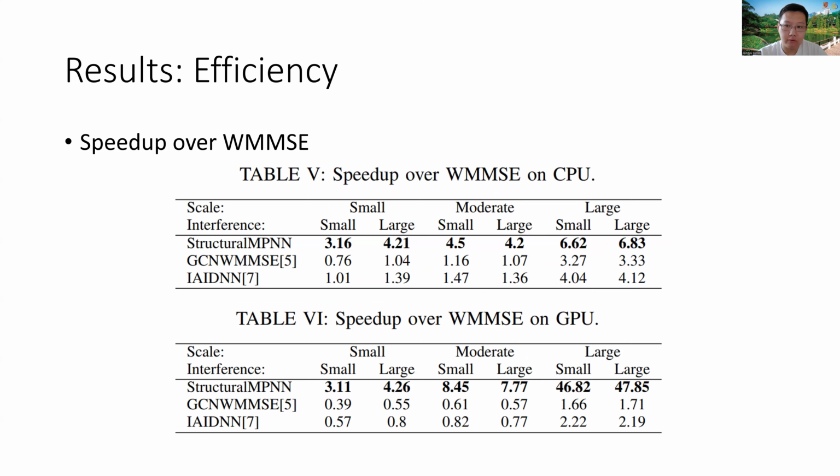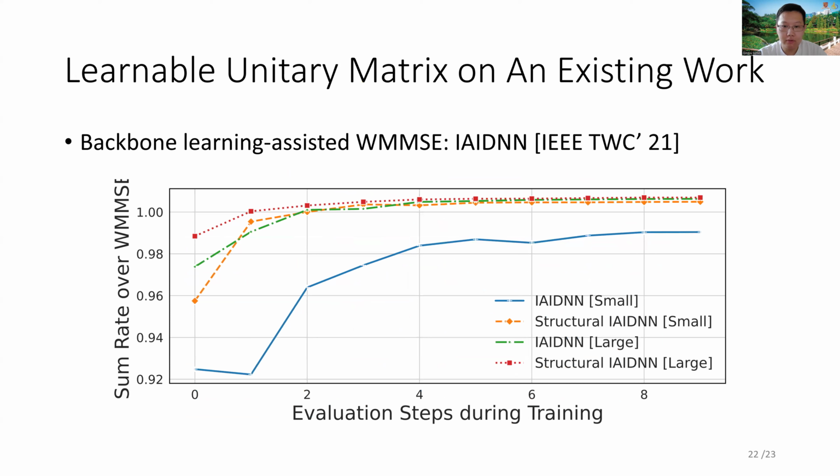In terms of efficiency, we take the inference time of solving 100 different sum rate maximization problems. From the table, you can see that our proposed model achieves a great speedup over WSE. We also evaluate our dimension transformation method on an existing learning-assisted algorithm. The outperformance of the yellow line over the blue line demonstrates that our proposed method can also improve its optimality.